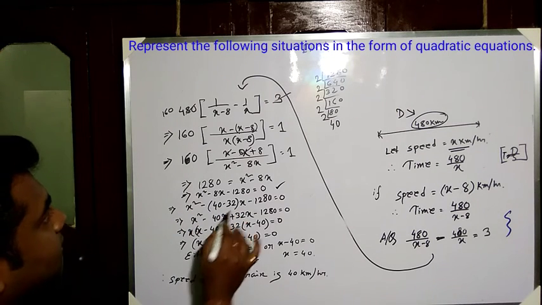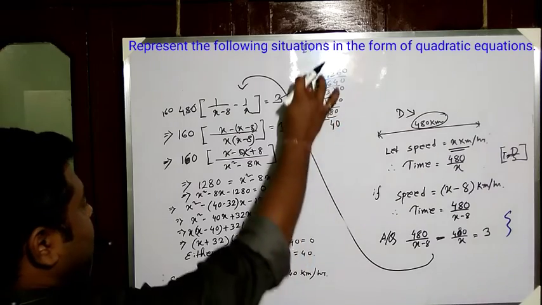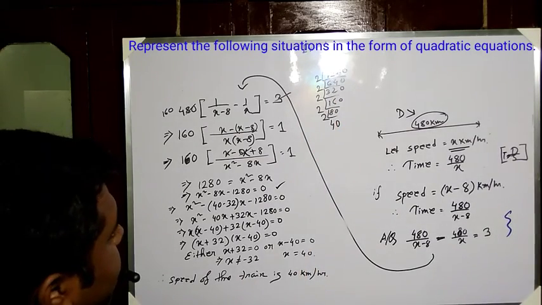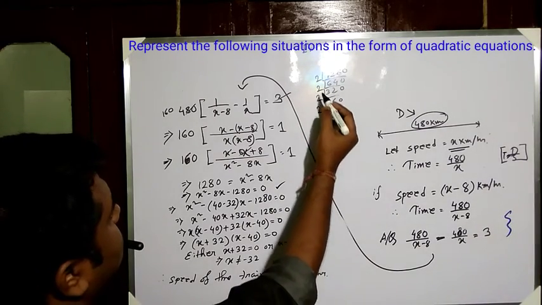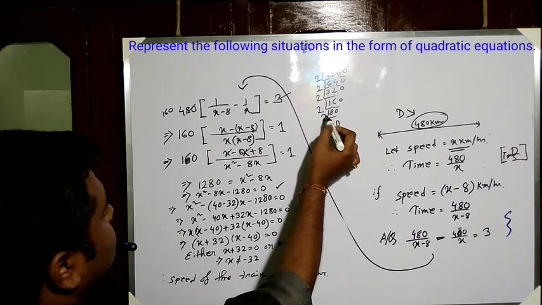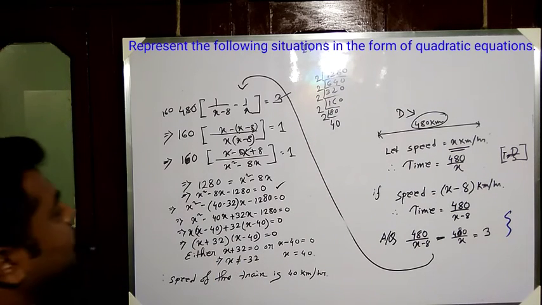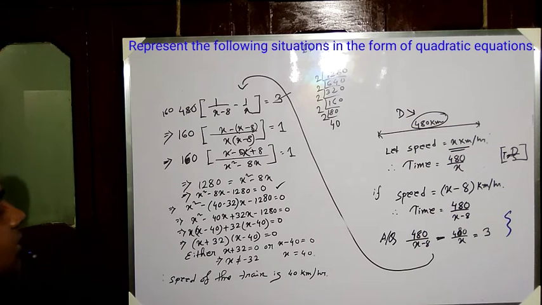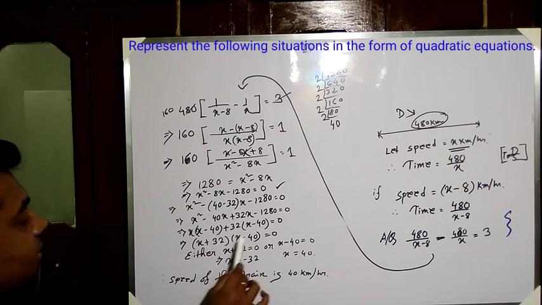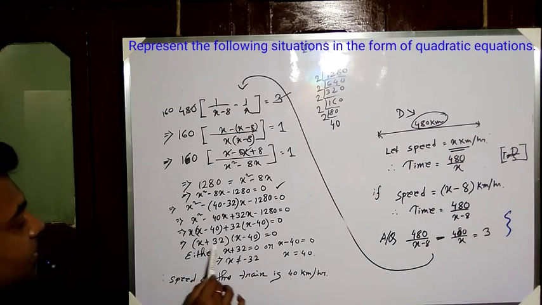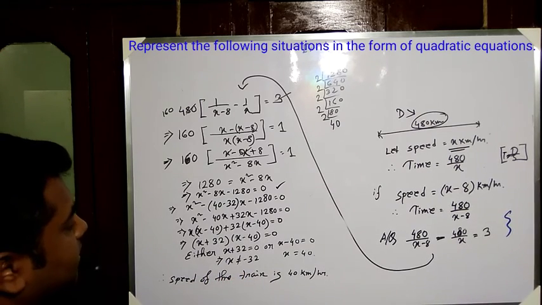See, you know that I am doing this rough work here. 2, 2, 2, 2, 2, 2 to the power 5 means 32. 40 minus 32 equals 8. So now after solving this by factorization method, you have x plus 32 and x minus 40 equals 0.